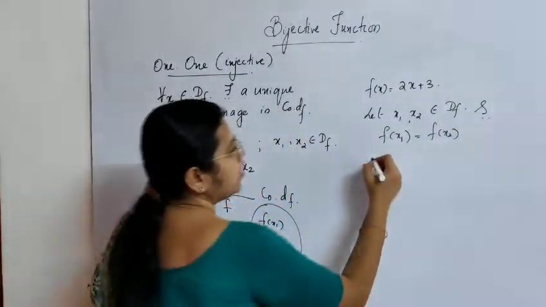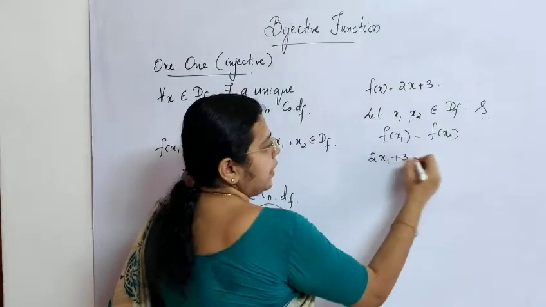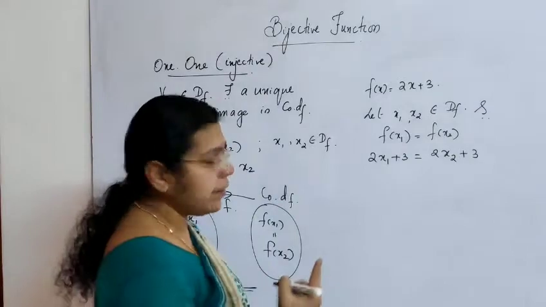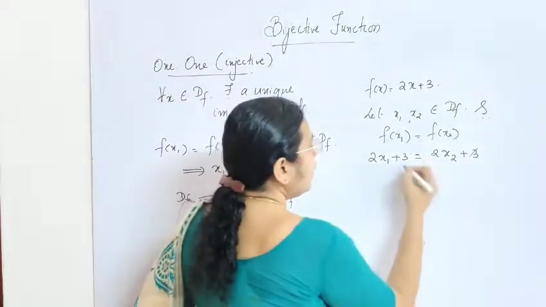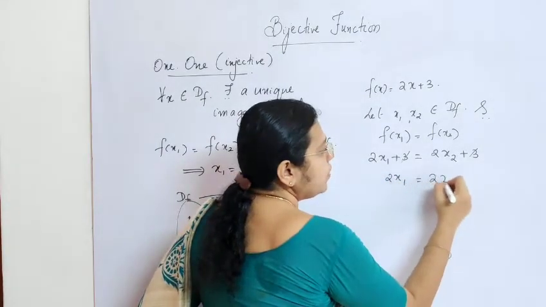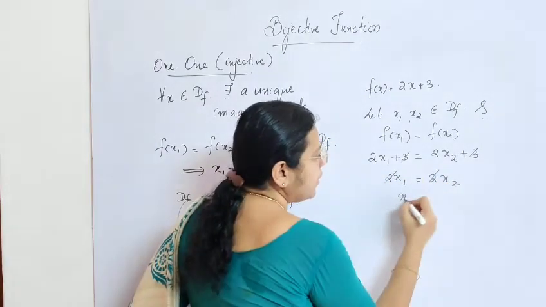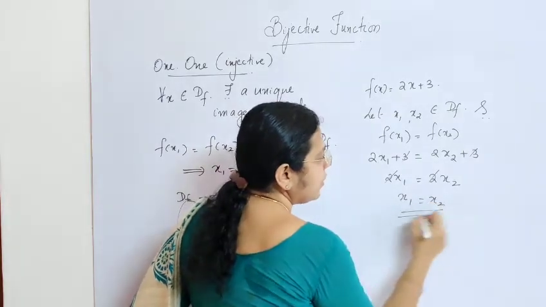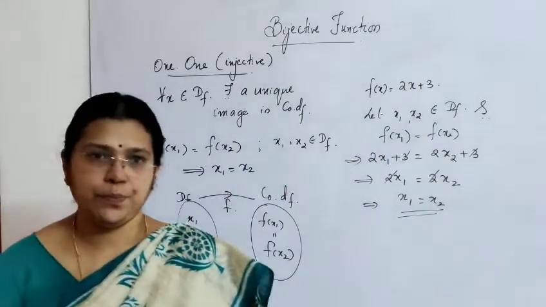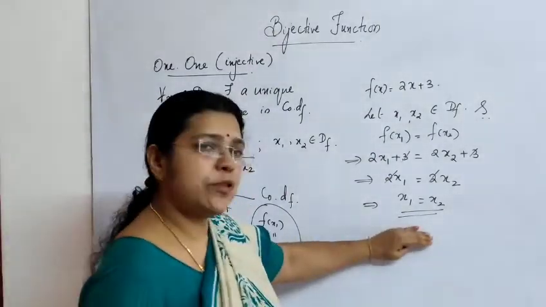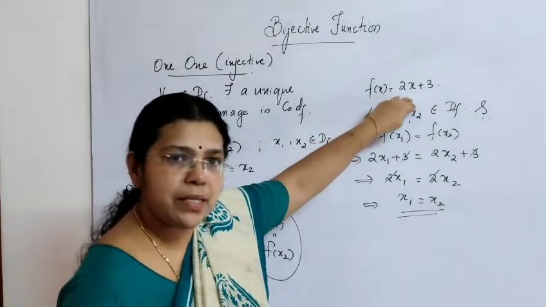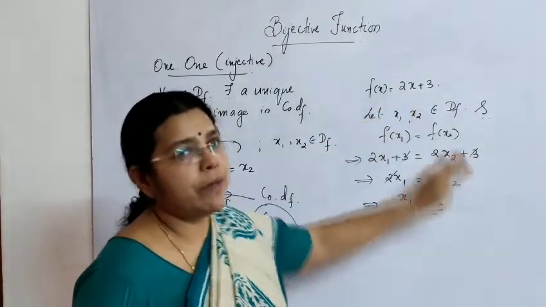What does it mean? 2x1 plus 3 is equal to 2x2 plus 3. Am I clear? Correct? So this 3 and this 3 get cancelled. 2x1 is equal to 2x2. Further, 2 and 2 cancel, which implies x1 is equal to x2. What does this ultimately give me? This function f of x equals 2x plus 3 is a 1-1 function.